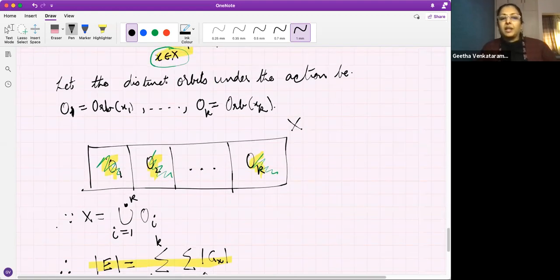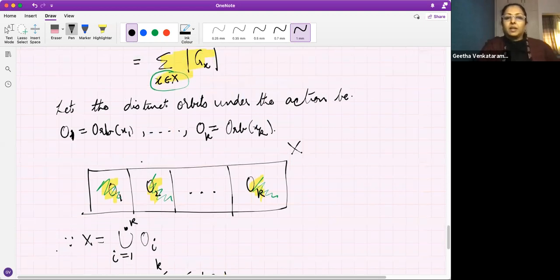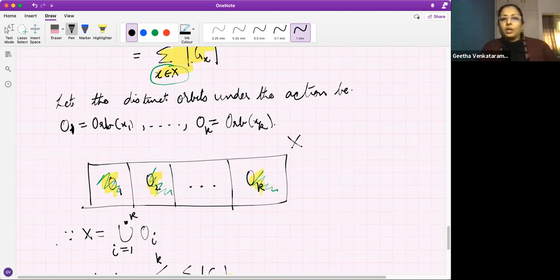First let me take all the x belonging to O1 and calculate this. Then I take all the x in O2 and again calculate this. Then I go to O3, vary it over all the x in O3, calculating for each such x the value, and so on.